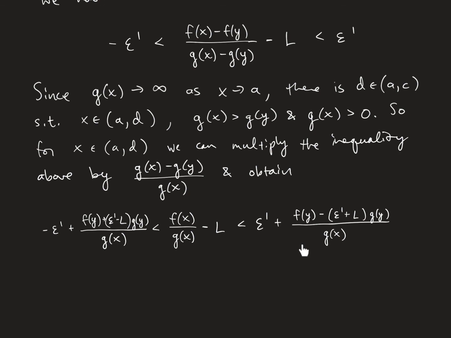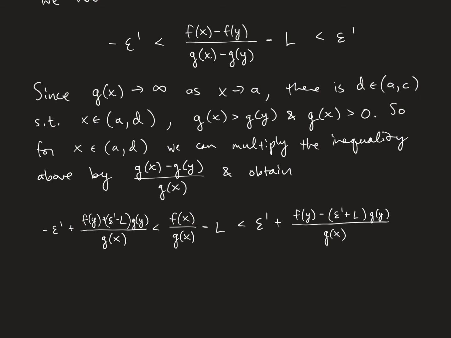We can do the same with this quantity here. So all we need to do is take x a little bit closer to a such that these quantities are small. Okay, and we'll be in good shape.